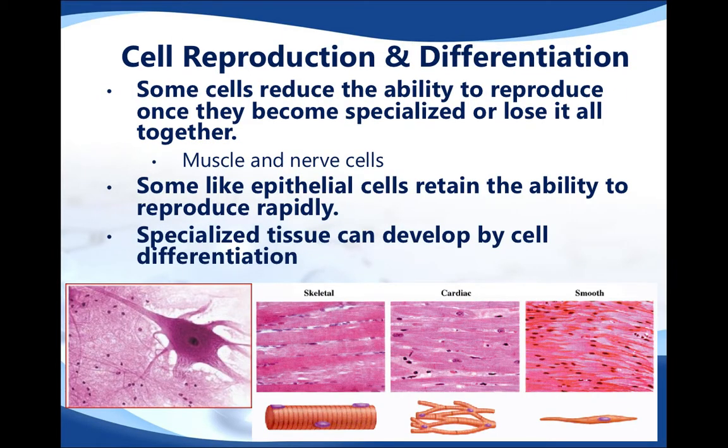Some cells reduce the ability to reproduce once they become specialized or lose it altogether. So for example, we're looking here at muscle cells and nerve cells. Some epithelial cells retain the ability to reproduce rapidly, where specialized tissue can develop cell differentiation.